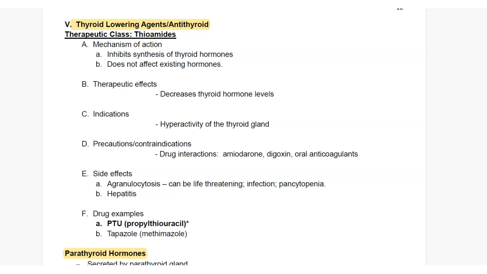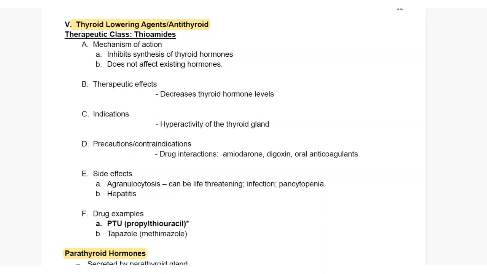So if you already know that a patient has a heart condition that affects their rhythm and they're on this medication, it's counterproductive to give them thyroid medication that will lower the thyroid hormone levels, because it can cause some interaction. It may actually cause a severe decrease in heart rate for that patient, and that can be very dangerous. In addition to that, it can also interact with oral anticoagulants, affecting the effectiveness of the drugs.